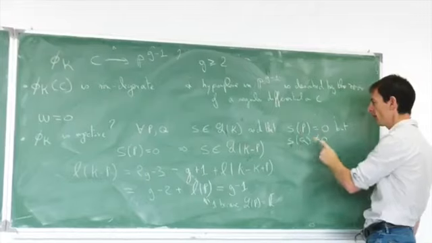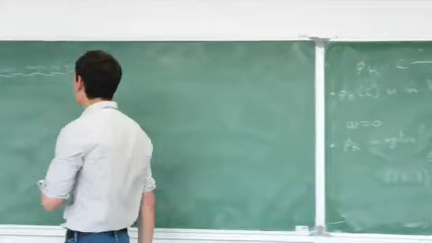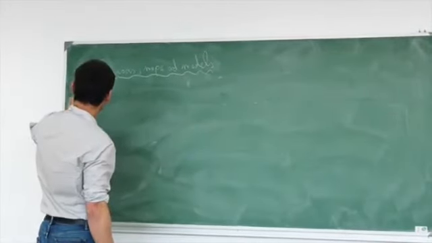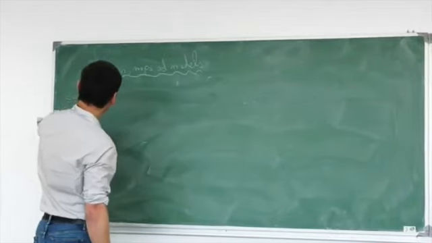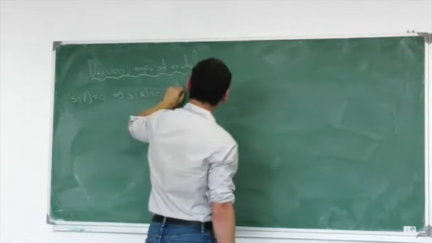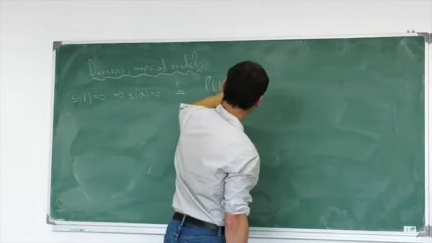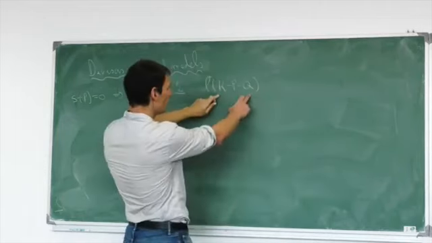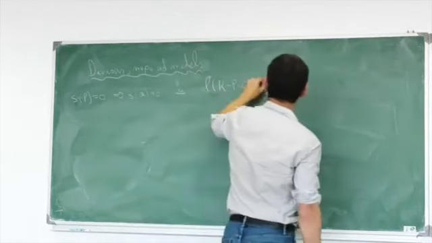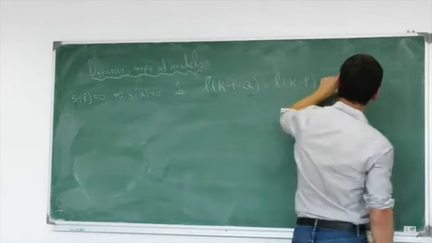It means that each time S of P equals 0, it should also vanish at Q. So S of P equals 0 implies S of Q equals 0 if and only if the Riemann-Roch space of kappa minus P minus Q is exactly the same as the Riemann-Roch space of kappa minus P. So you would like this to be equal to this, and we have seen that this is g minus 1.